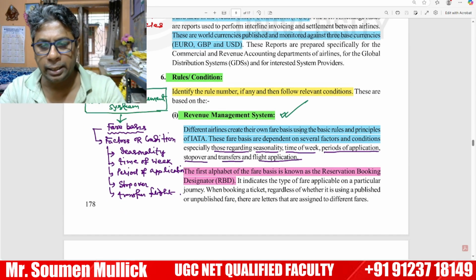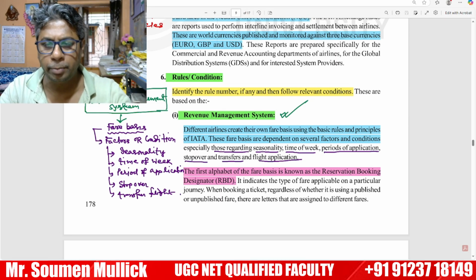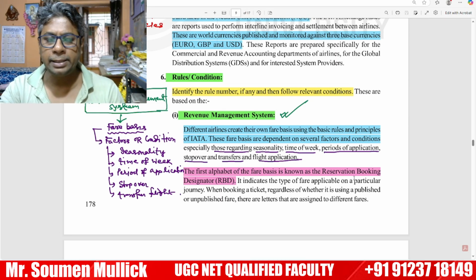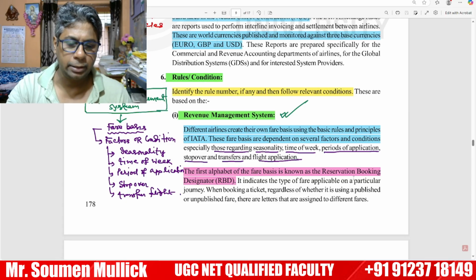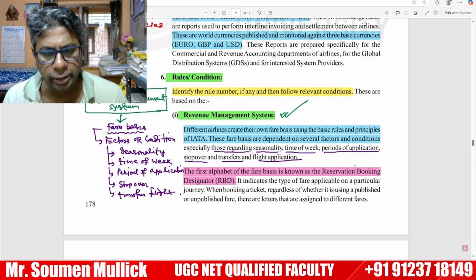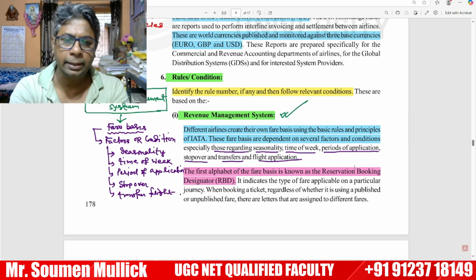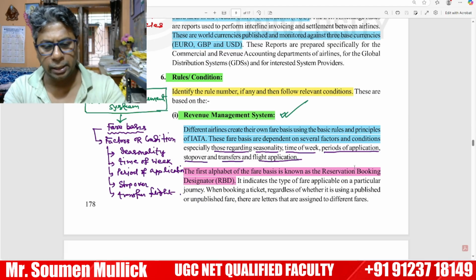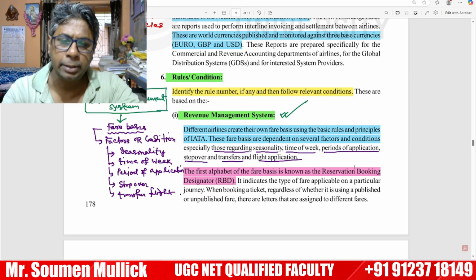The different airlines create their own fare basis using the basic rules and principles of IATA. IATA basic rule এবং principle এর উপর বেস করে different airlines create their own fare basis. তারা তাদের fare basis ঠিক করছে.